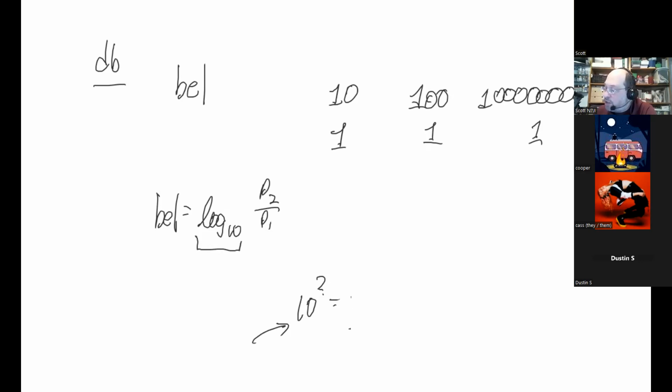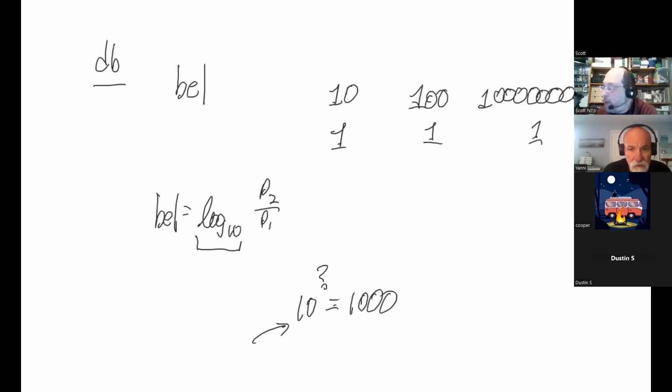So if I wanted to take, let's say 1,000, to what power would I have to raise 10 to get 1,000? 10 to the third power, because 10 to the third power is 1,000. That means that the log base 10 of 1,000 is 3.